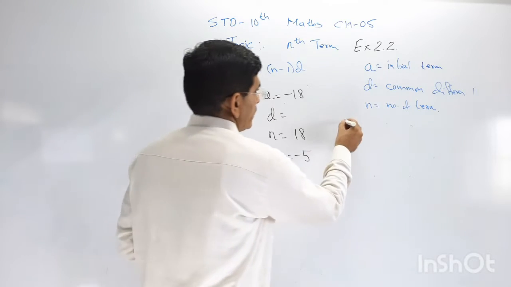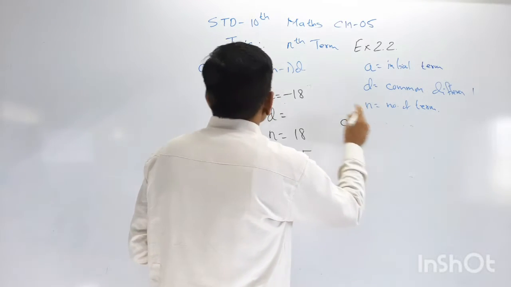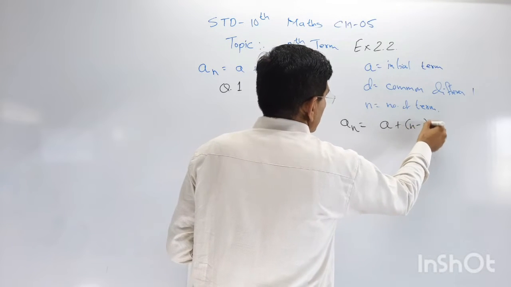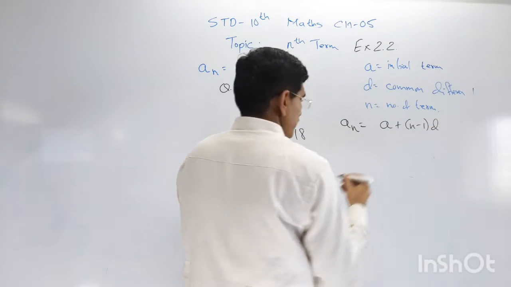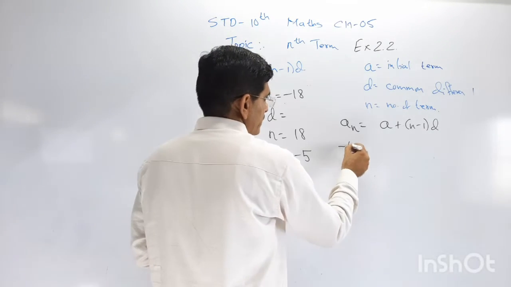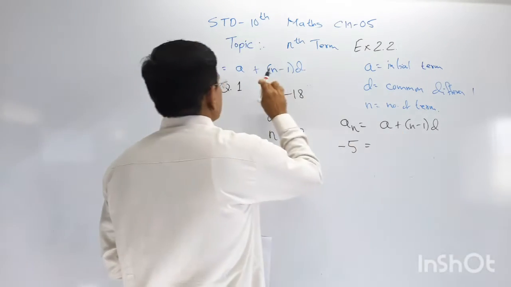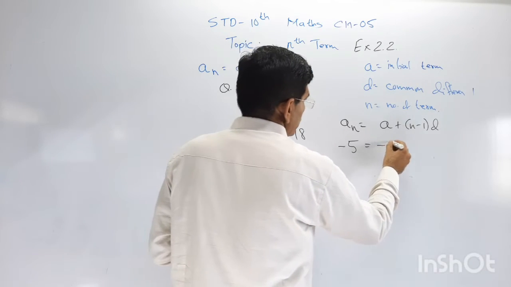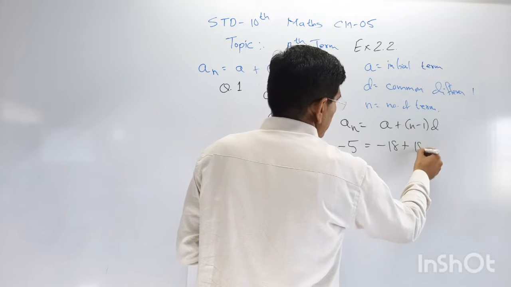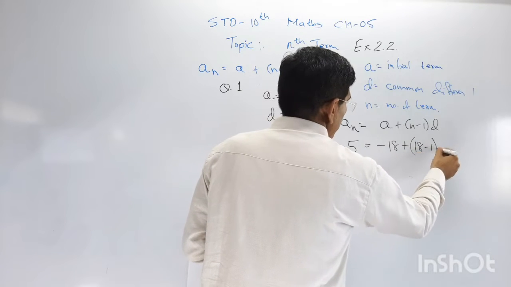So an is equal to a plus (n minus 1)d. That is my formula. Now minus 5, a means minus 18, and that is 18 minus 1 and d.